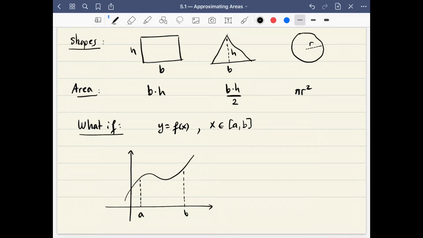So now the question here is, how do you find the area of this region here? The area of this region is the topic of this first section, and later on we'll define this more precisely. So the question is, what is the area of the yellow region?